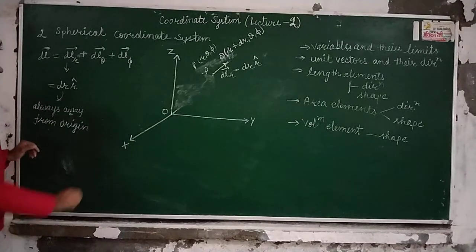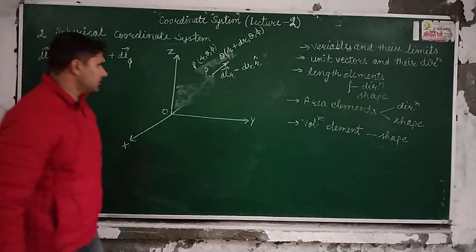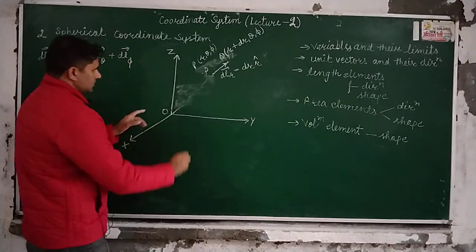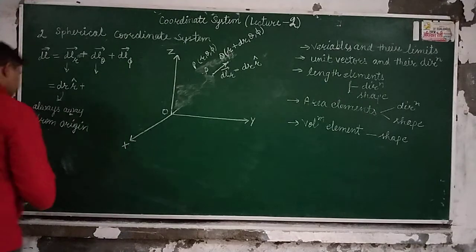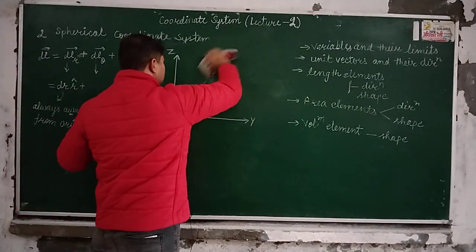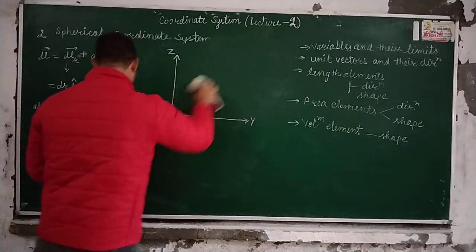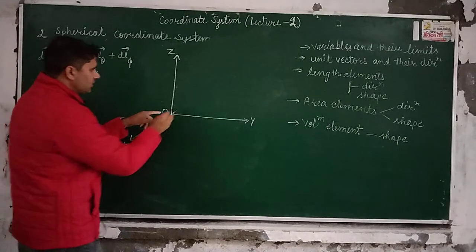So this is the positive direction. Now we will talk of dl theta. If we shift this point P with respect to the variable theta, then what will happen?